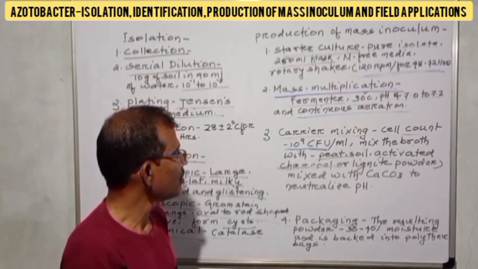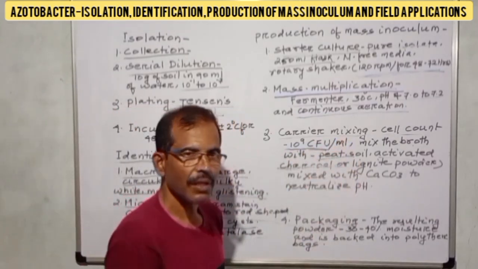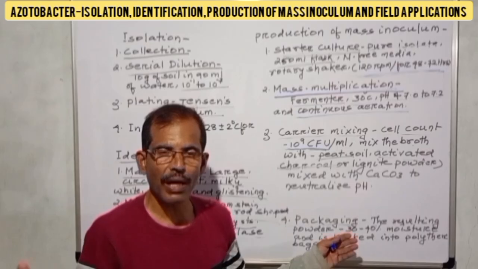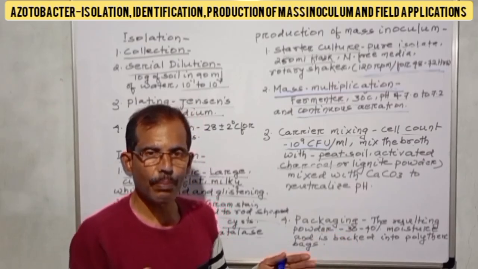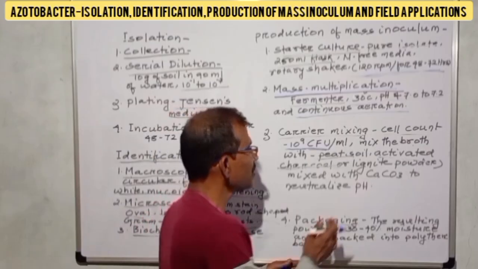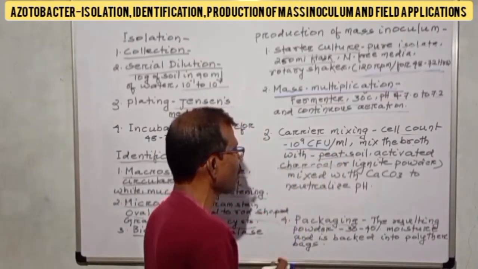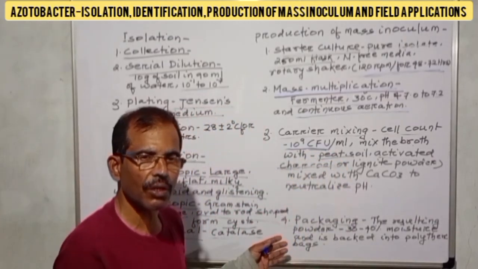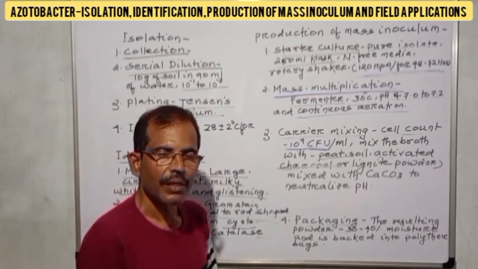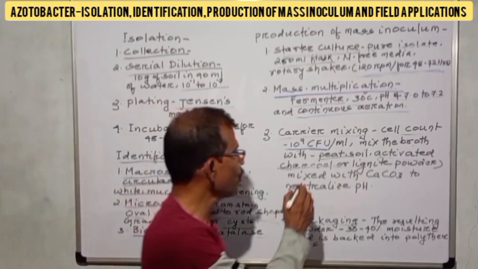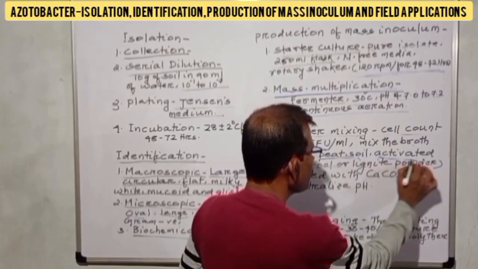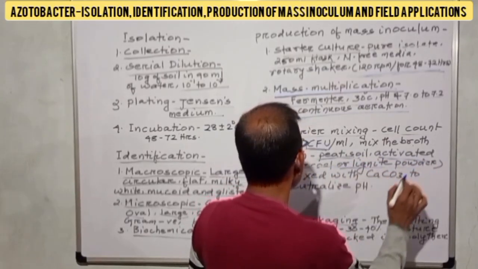Next step is carrier mixing. To apply azotobacter on the field as a biofertilizer, the broth, which has a cell count of 10 to power 9 colony forming unit per ml, is mixed with carrier material such as peat soil, activated charcoal or lignite powder.